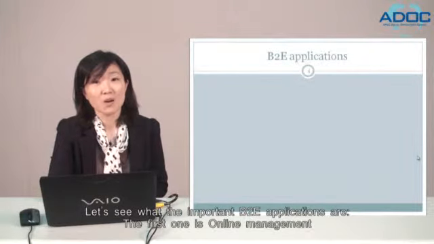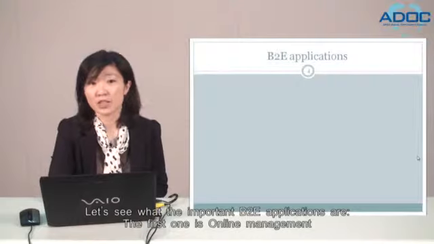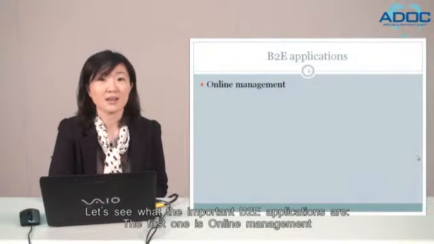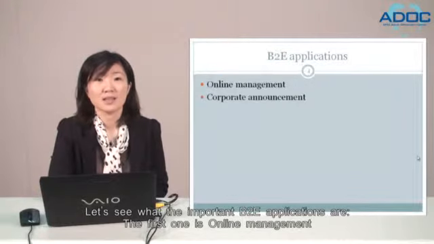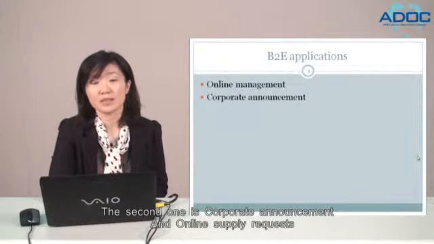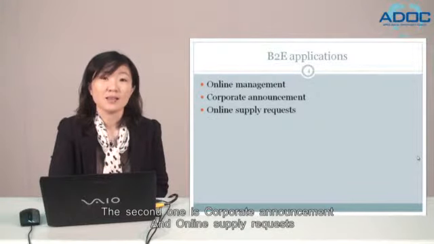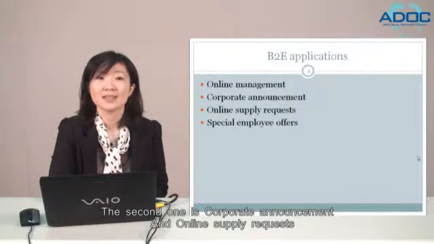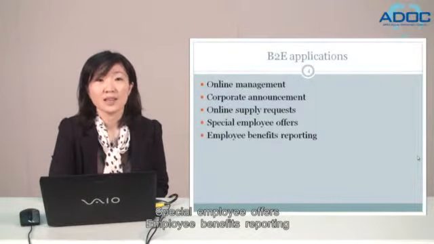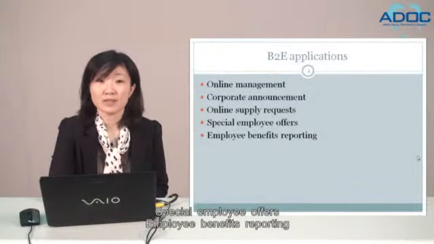Let's see what the important B2E applications are. The first one is online management. The second one is corporate announcement and online supply requests. Special employee offers. Employee benefits reporting.